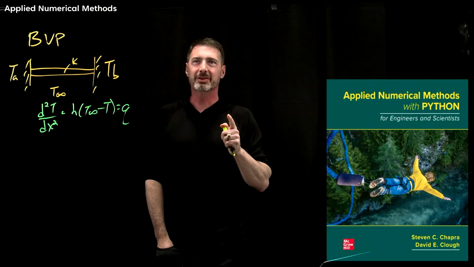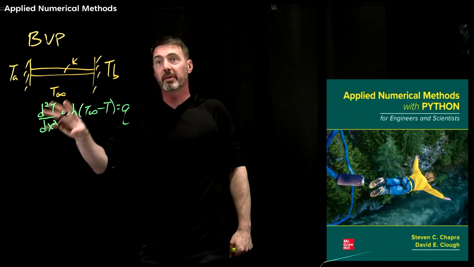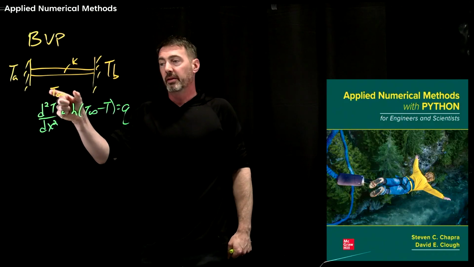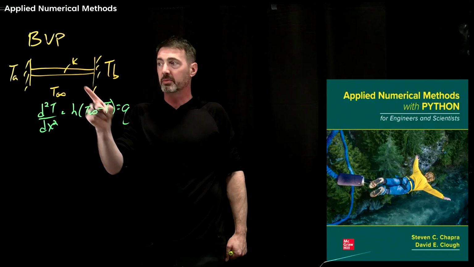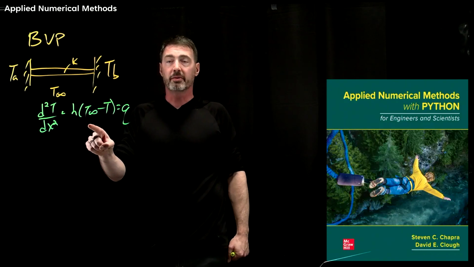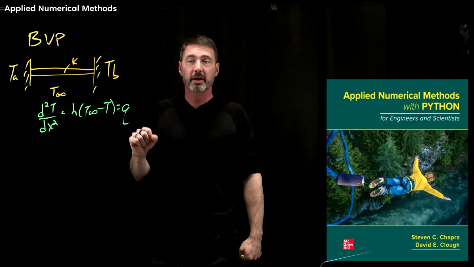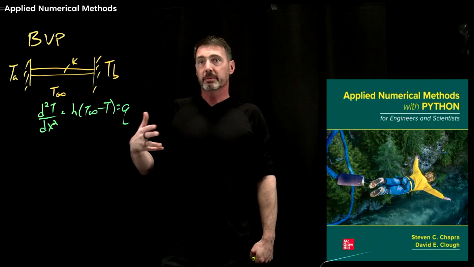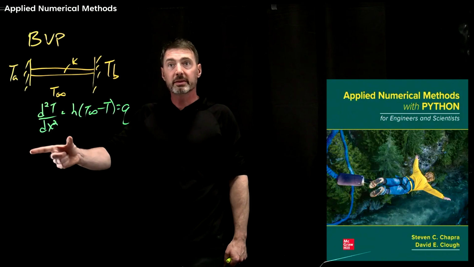Now, if you've actually taken heat transfer, you'll probably see there's some dimensional stuff. I'm just simplifying it down to something that's a function of the second derivative, something that's a function of the actual variable temperature of this rod compared to ambient, and then a heat source. So without getting into the physics or units of any of that stuff, okay? This equation we can discretize, so we know how to do this with finite differences.